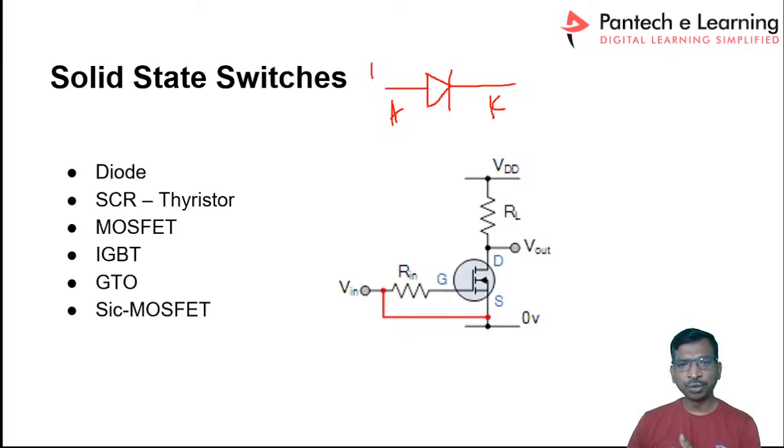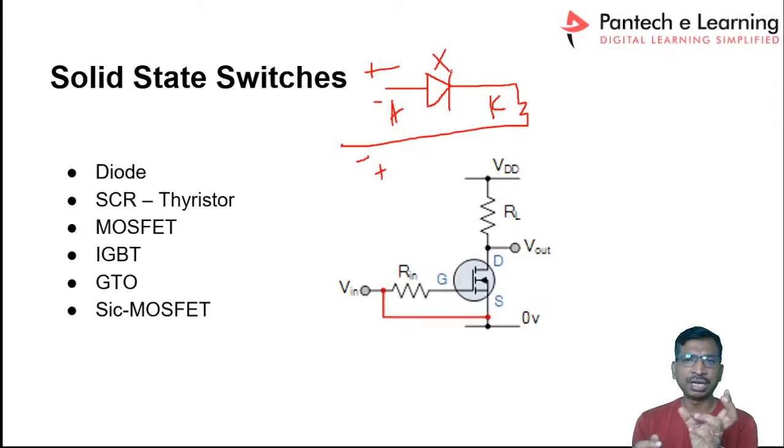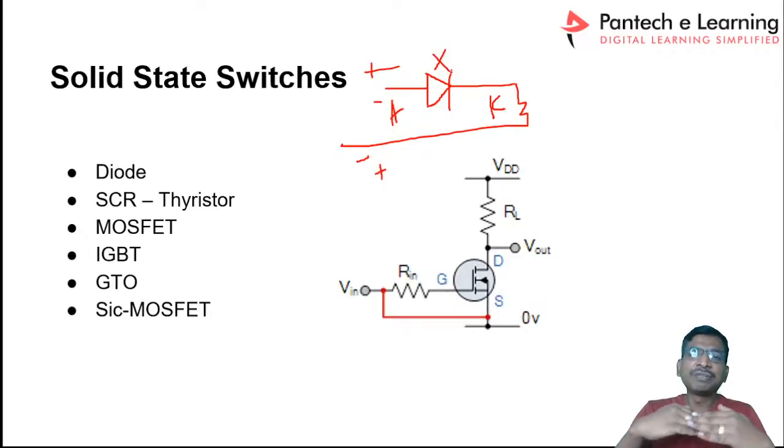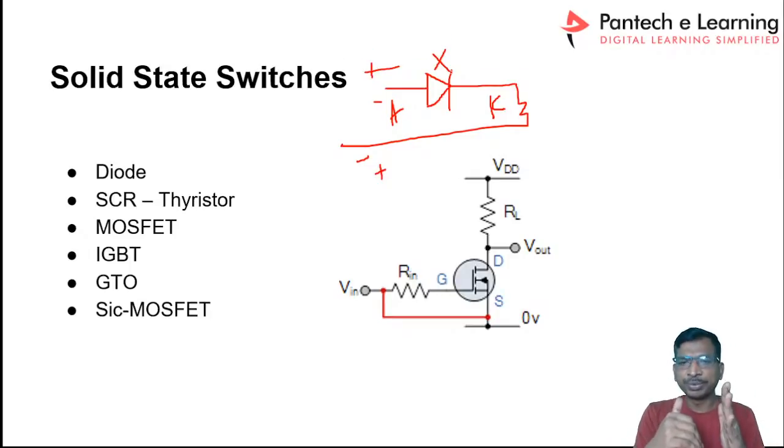Suppose you apply a positive voltage here and connect the negative there, then the diode will get connected. Suppose you connect negative here and positive there, what will happen? The diode will not get connected. It will be open circuited. For simple understanding, if the diode is forward biased, it will get connected. If it is in reverse bias, then it will not connect. It will be open circuit.